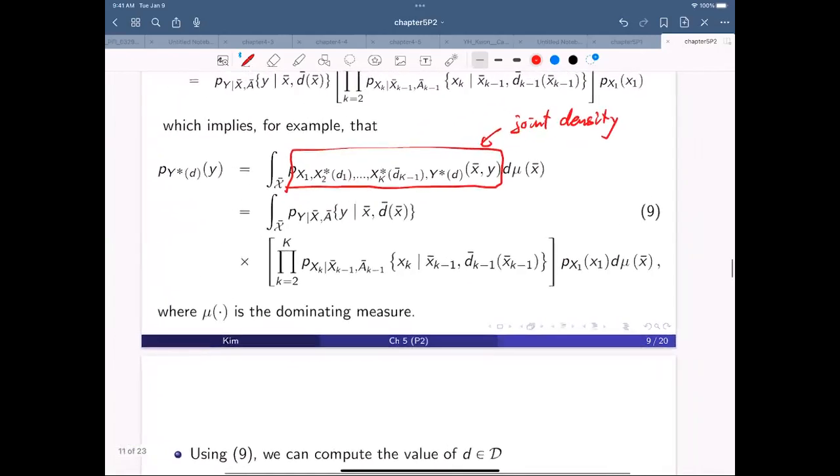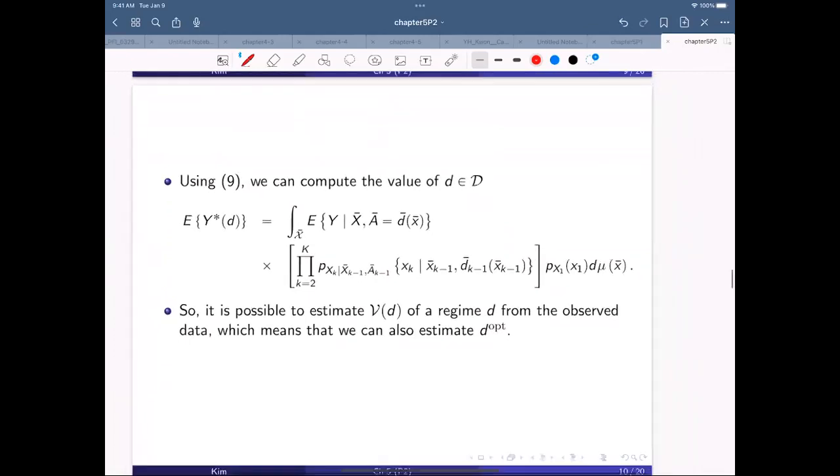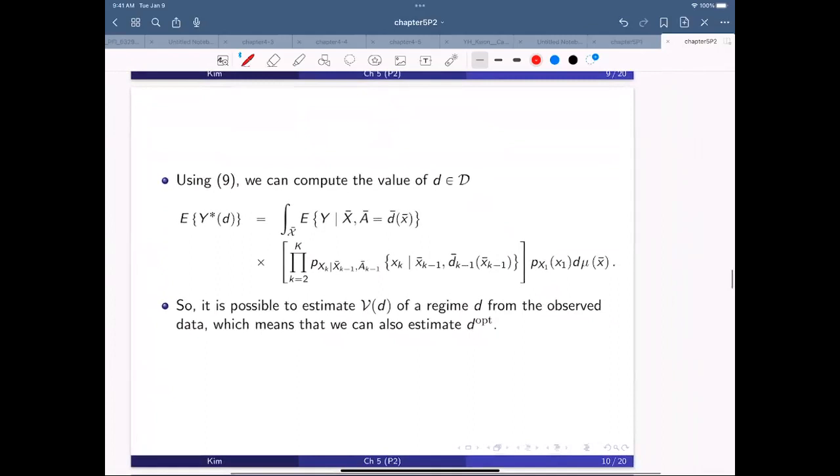So that leads us to, for example, compute the value of a particular regime.